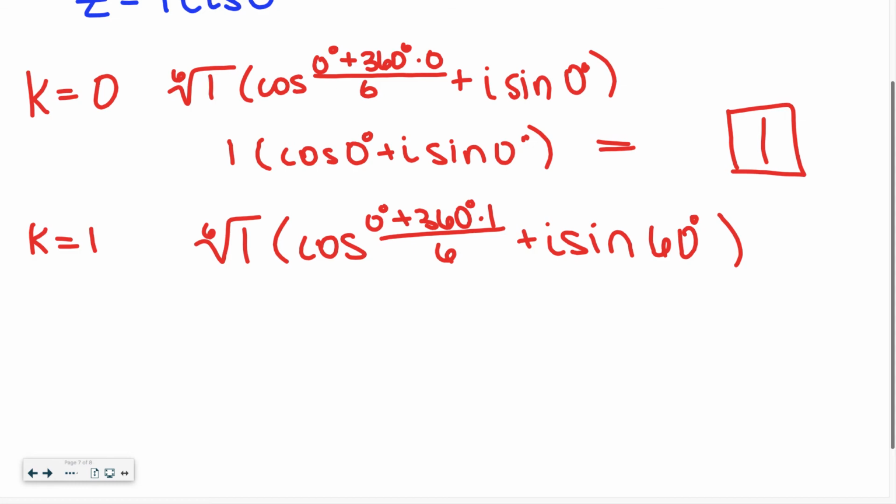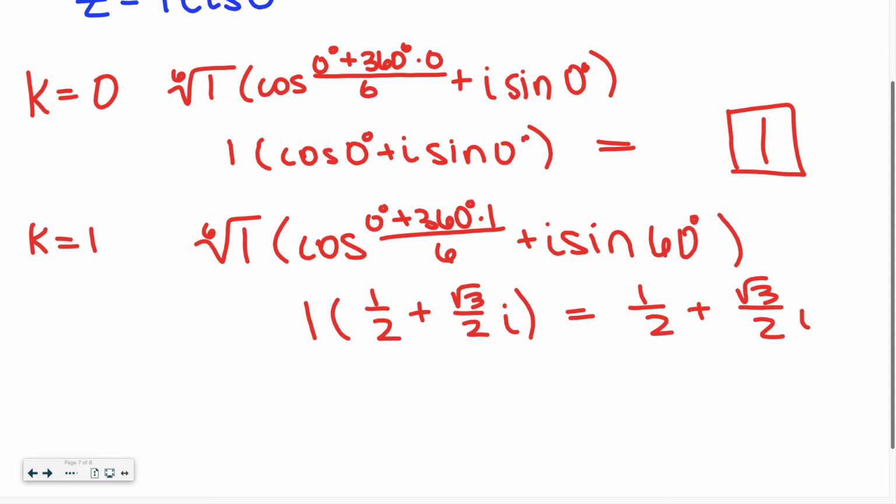Okay. So we have the sixth root of 1 times the cosine of 60 degrees plus I times the sine of 60 degrees. If you take 1/2 plus radical 3 over 2i and you raise it to the 6th power, we will get 1.